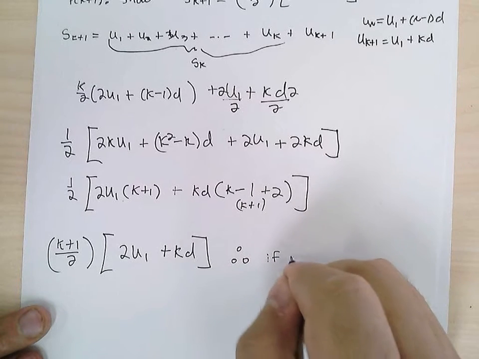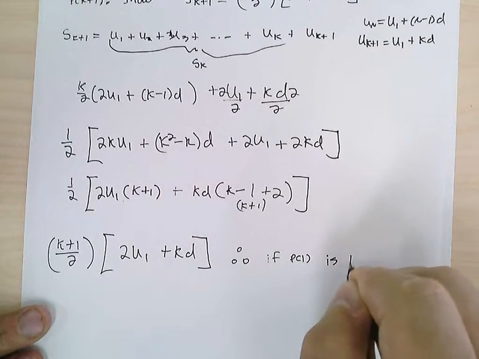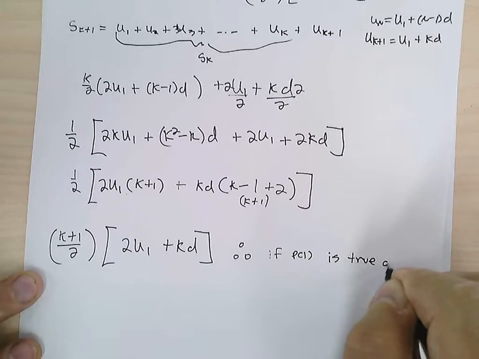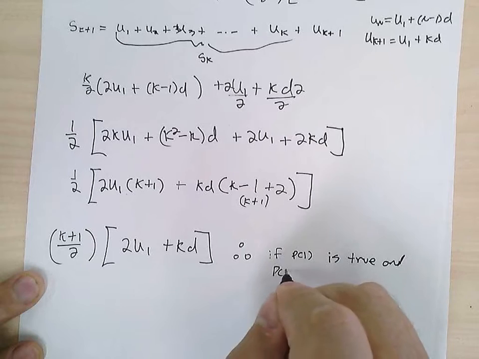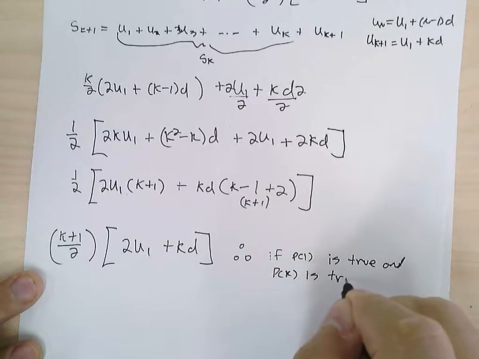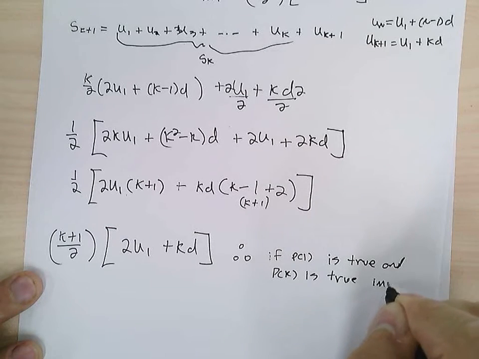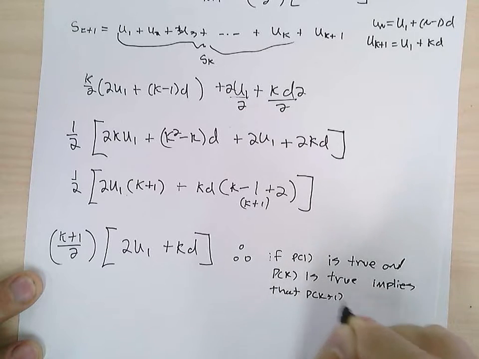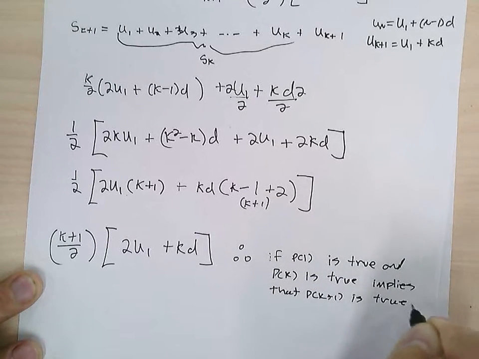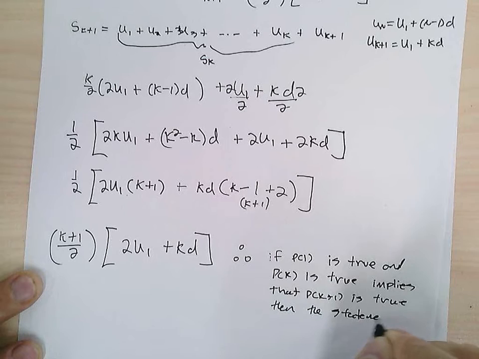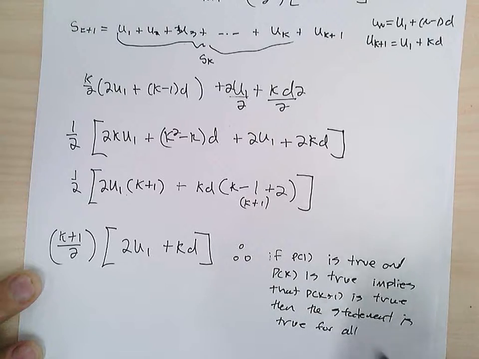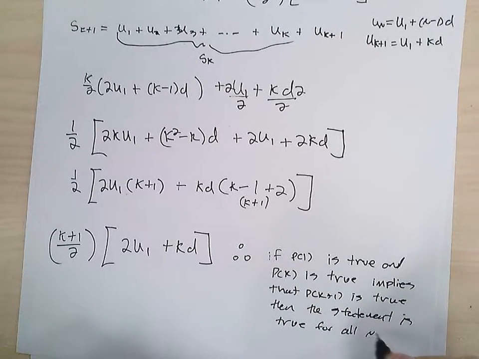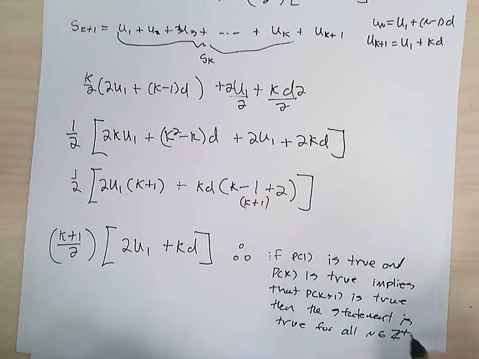Therefore, if P of 1 is true and P of k is true implies that P of k plus 1 is true, then the statement is true for all n in the element of the positive integers.